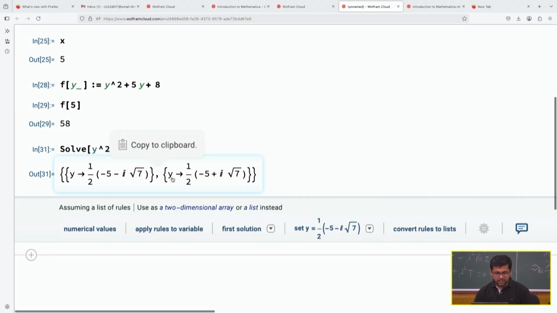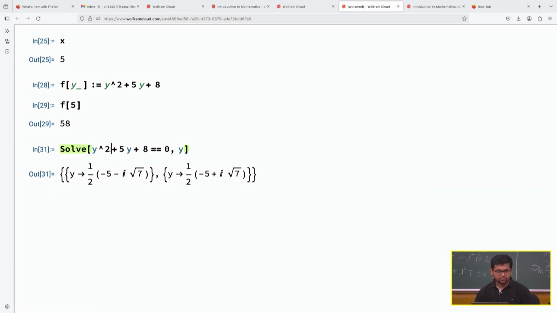Again, you can see it has given me the result in terms of fractions, so it is the exact root. So, Solve finds the exact root analytically, like we do with minus b plus minus root under b square minus 4ac upon 2a, and gives us the output.